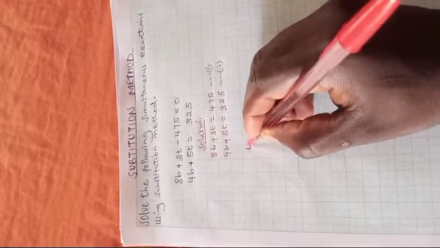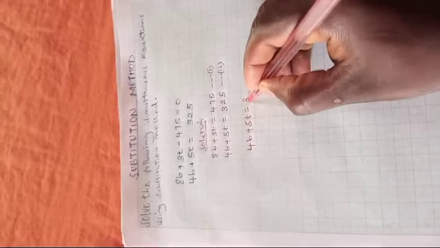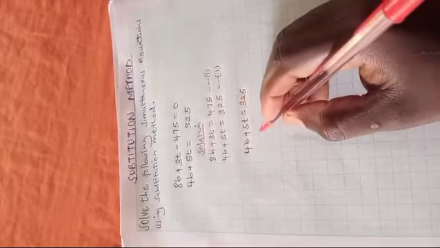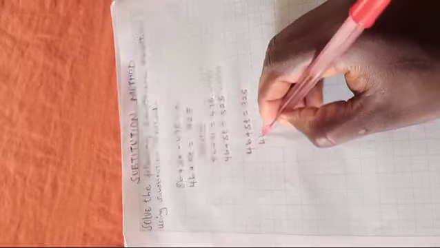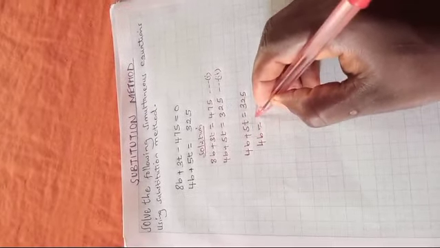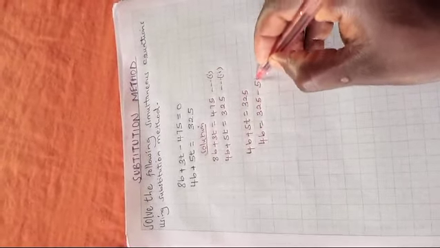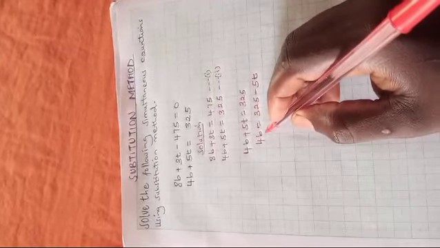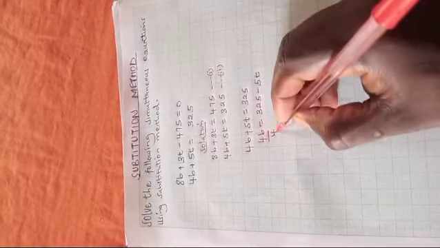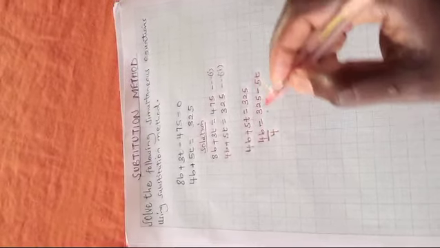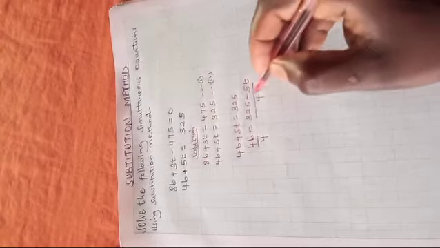So we have 4b plus 5t is equal to 325. We want to make b the subject, so we'll have 4b is equal to 325 take away 5t. For us to remain with b on the left hand side, we have to divide both sides by 4.